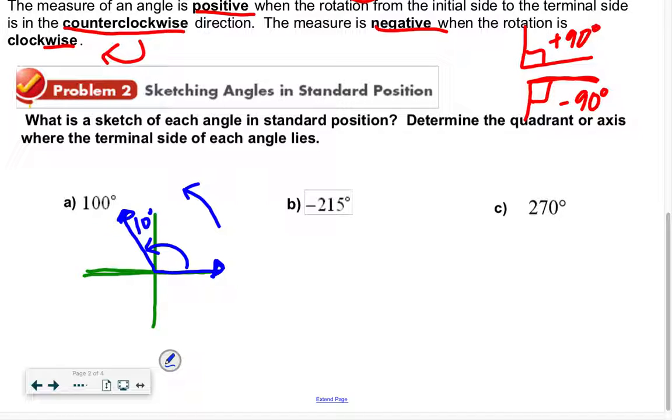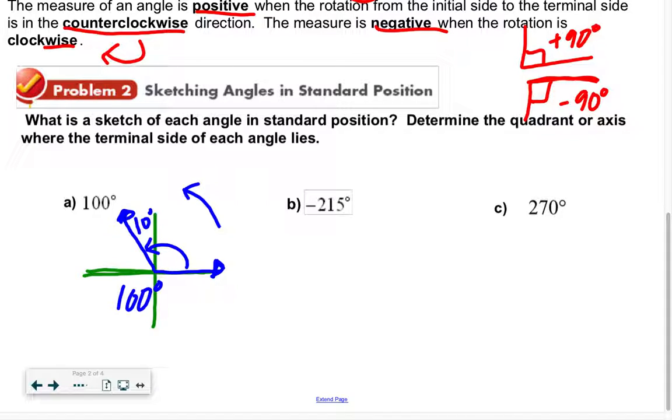Does that make sense? Questions? Arrow inside shows positive. This 10 degrees is 10 degrees past the 90. If you want, you can write 100 degrees down here. When we talk about more than 180, I do the whole angle. Okay, so we're good there.